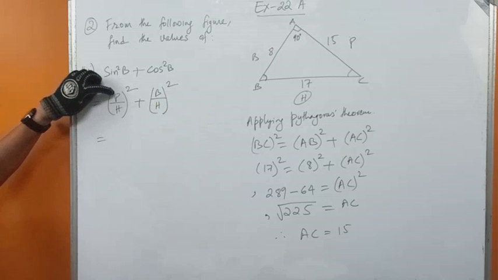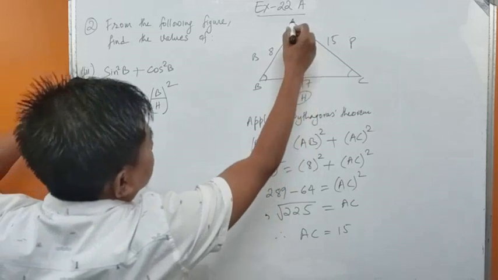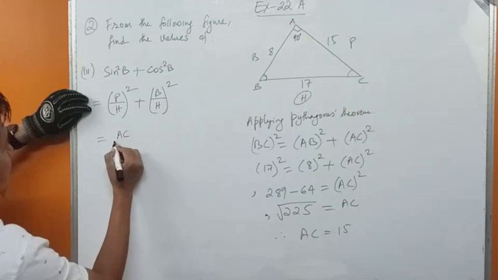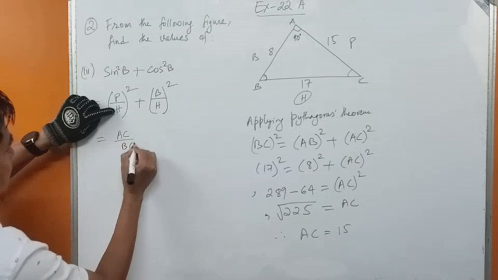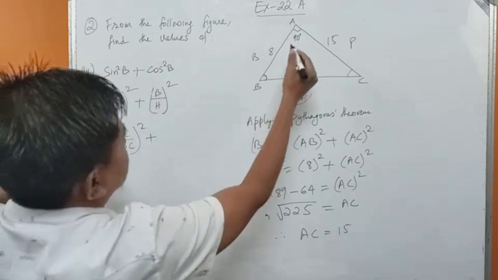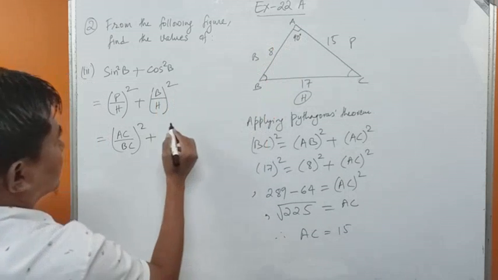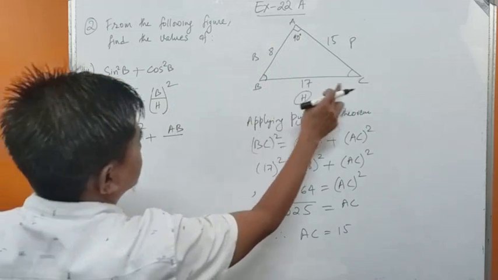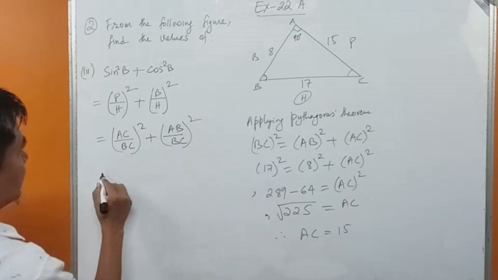Now we put the values. What is perpendicular? AC is perpendicular. AC upon hypotenuse BC, whole square, plus base. Base is AB, divided by hypotenuse BC, whole squared.